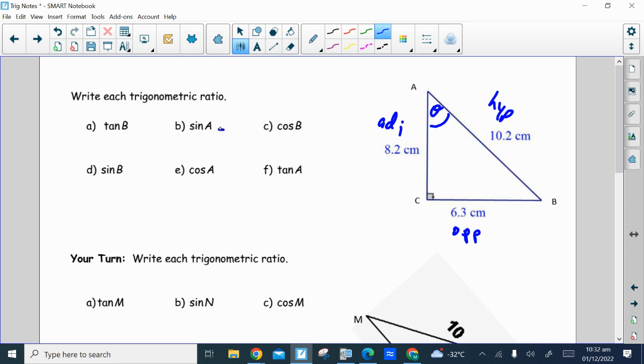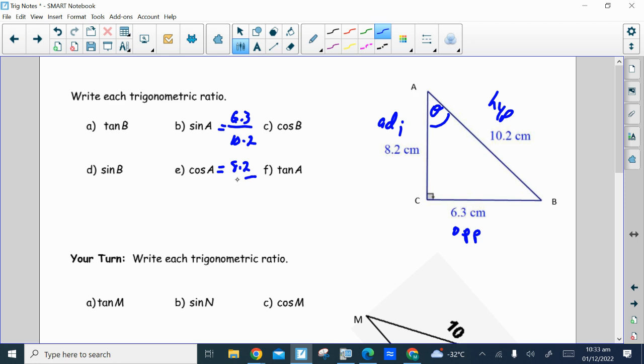So based on that, the sine of angle A, and the definition of sine is opposite over hypotenuse, would be 6.3 over 10.2. Opposite over hypotenuse. The cosine of angle A, definition of cosine is adjacent over hypotenuse.